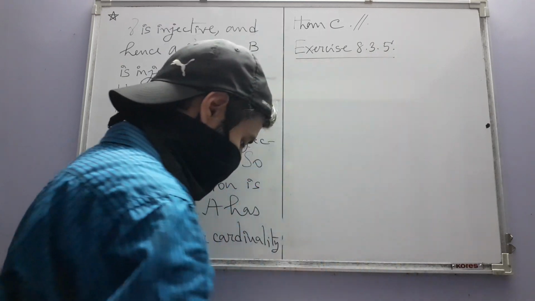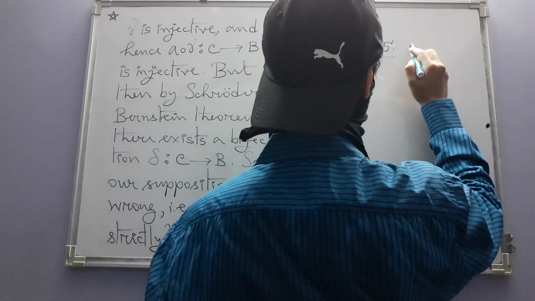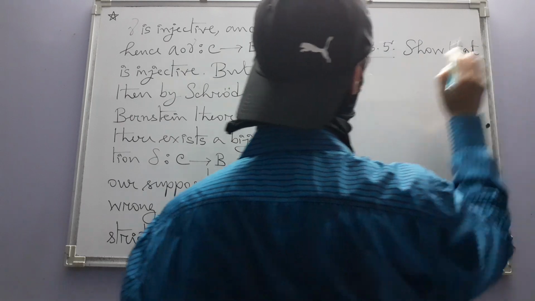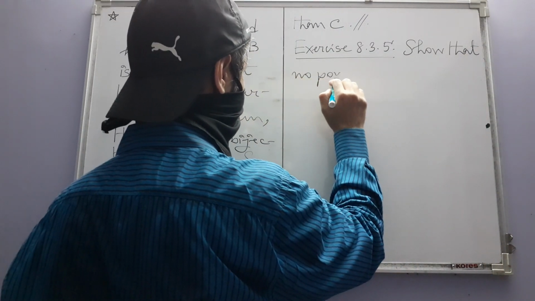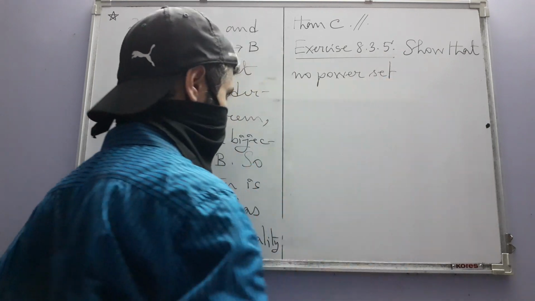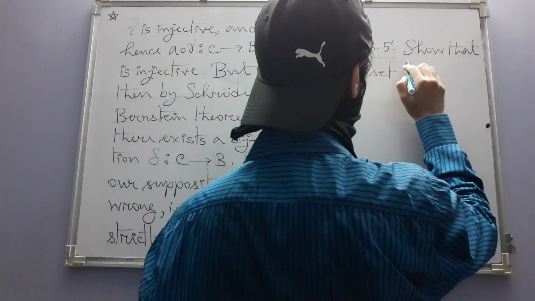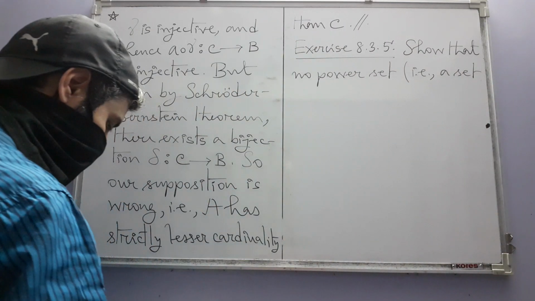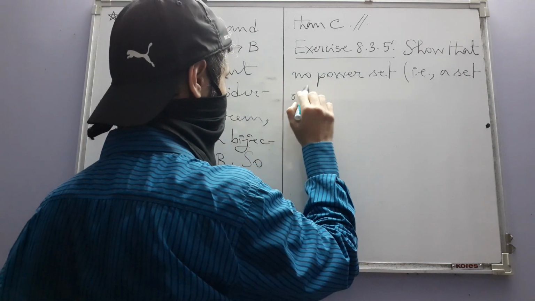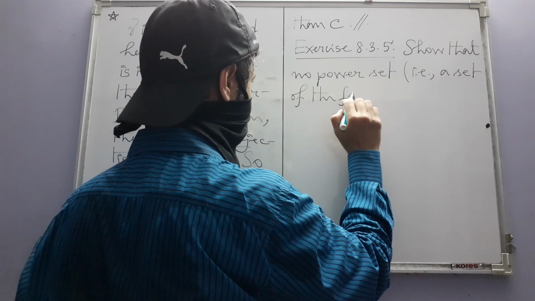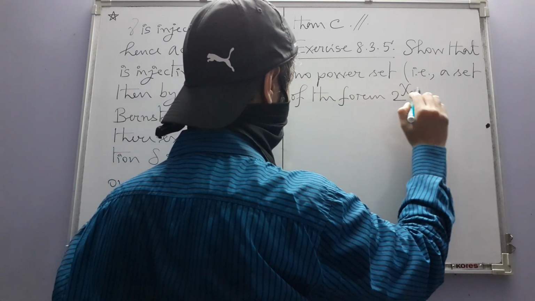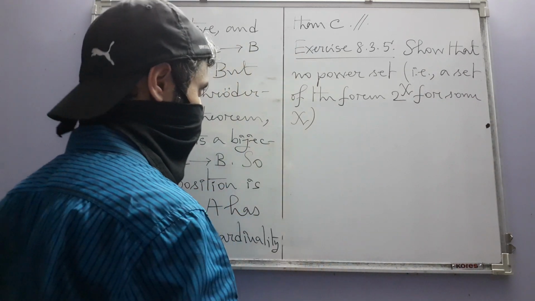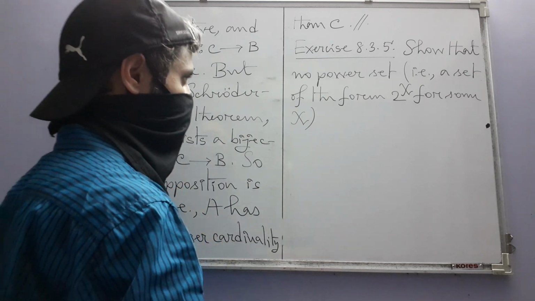This one is very nice. This last one, show that no power set, i.e. a set of the form this for some x, that means for some set x, no power set can be countably infinite.